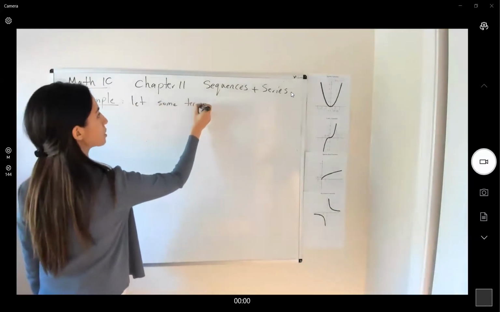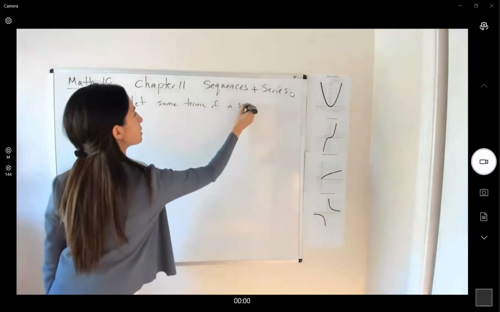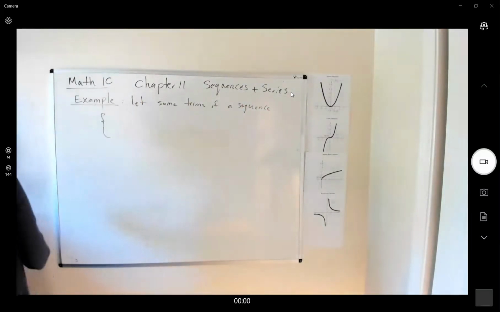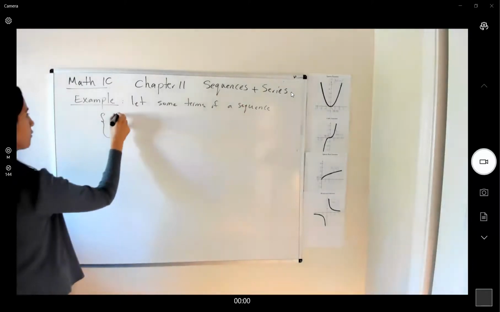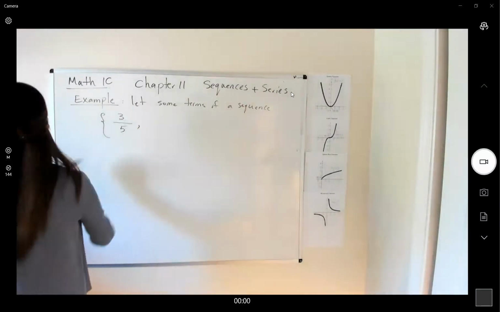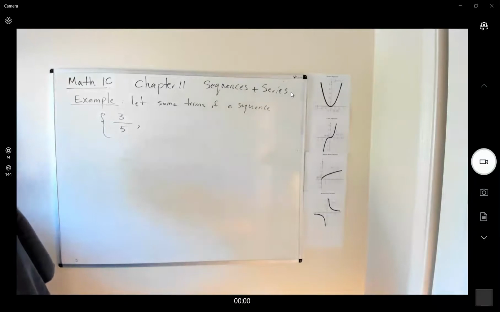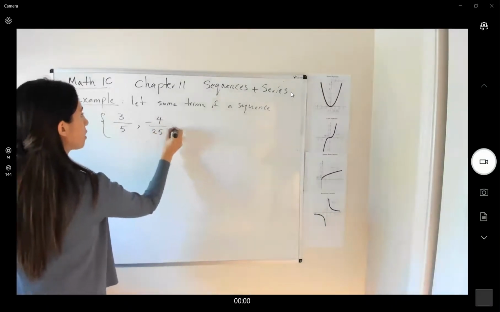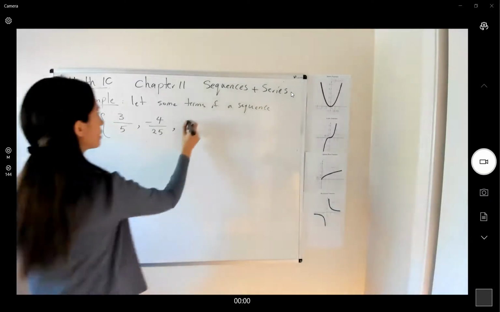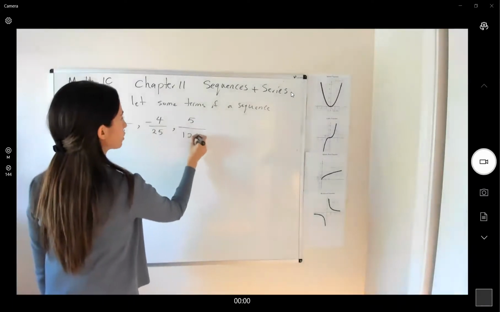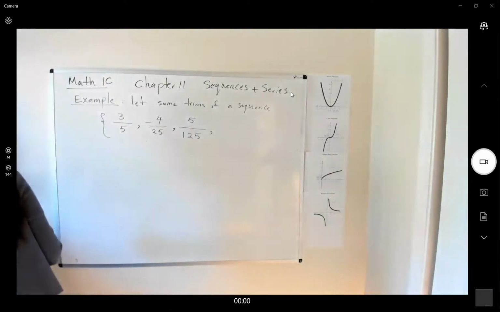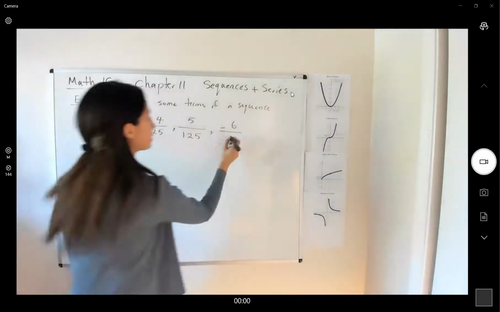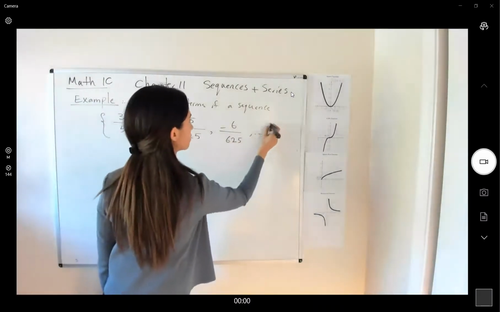Here you have 3 over 5, comma, minus 4 over 25, comma, 5 over 125, comma, then you have negative 6 over 625, and the rest of them.